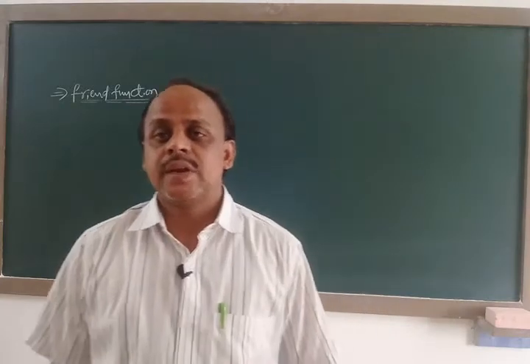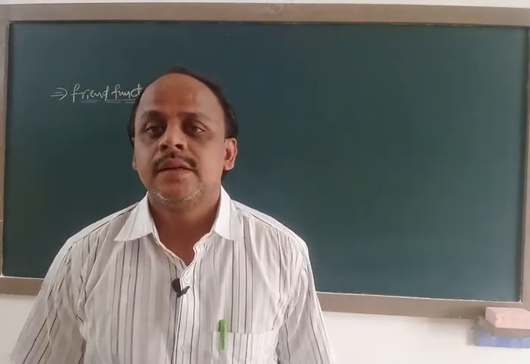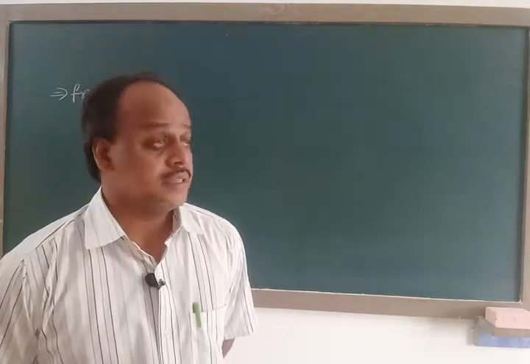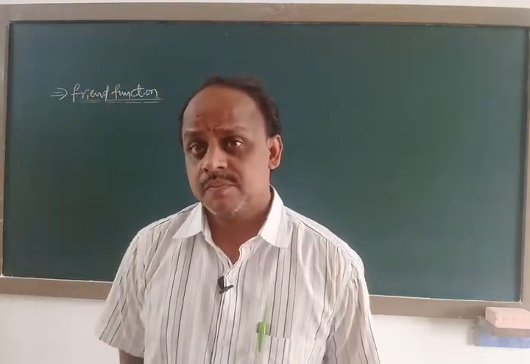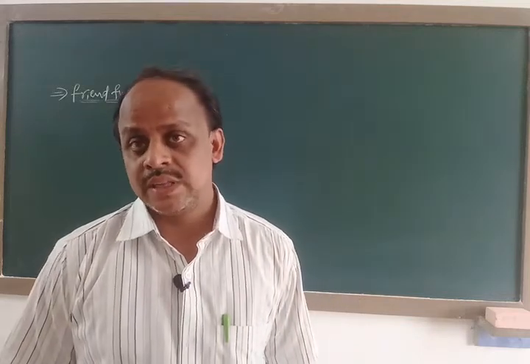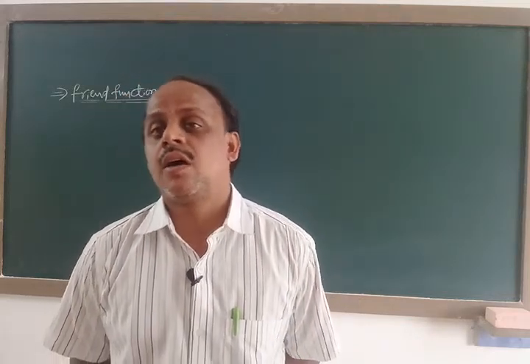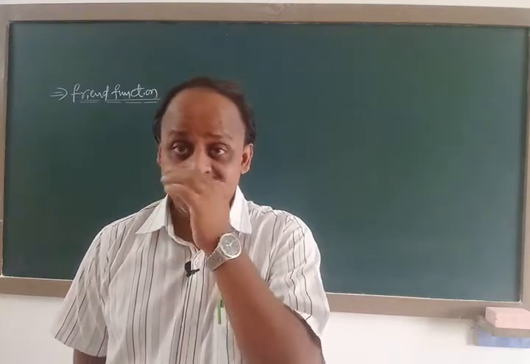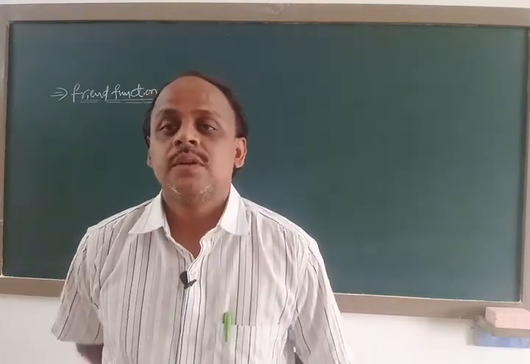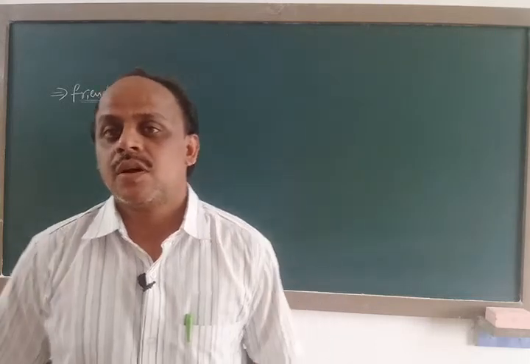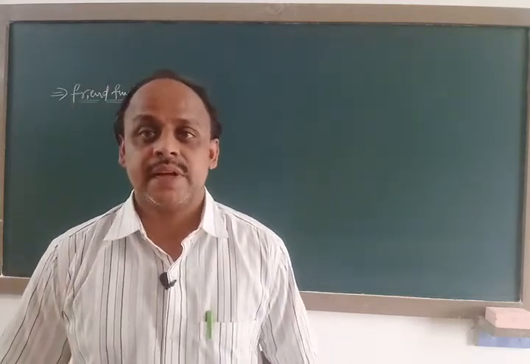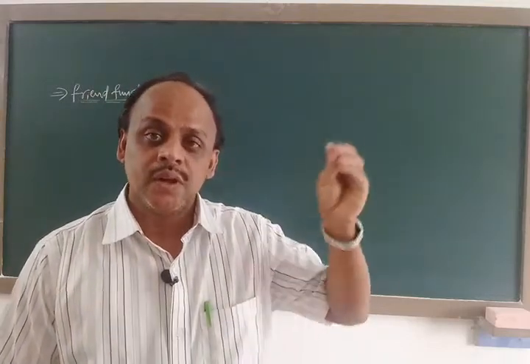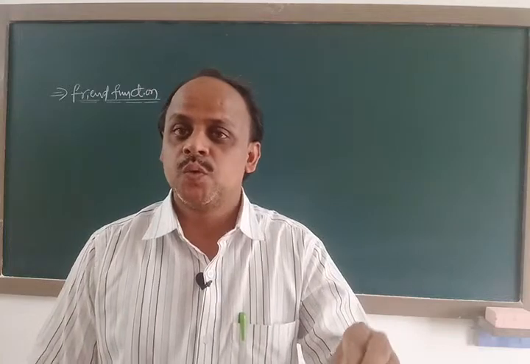Now I am going to write one C++ program using the concept of friend function. That is, write a C++ program to check whether the number is even or odd using friend function. Last year you wrote this program to check whether the number is even or odd using just C++, right? We have to accept a number and divide that number by 2.